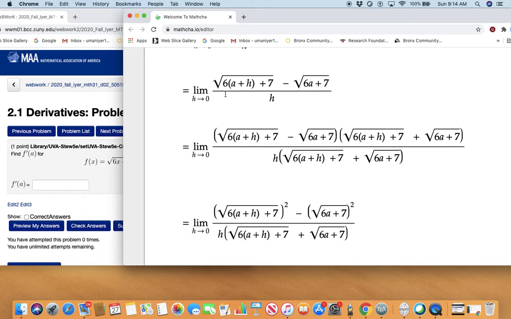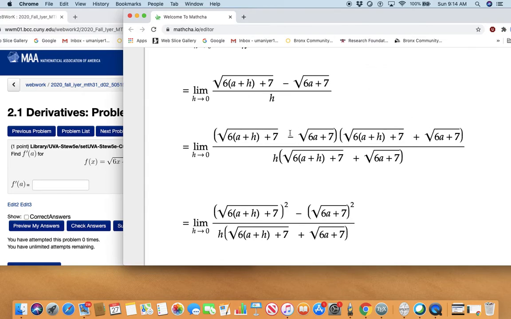Don't forget to put it in parentheses. I'm not yet distributing, but we'll see that in a minute. Anytime you have such a radical expression, try conjugation.